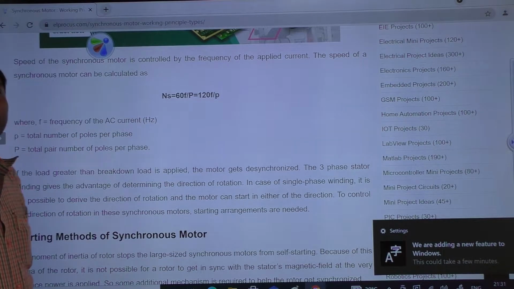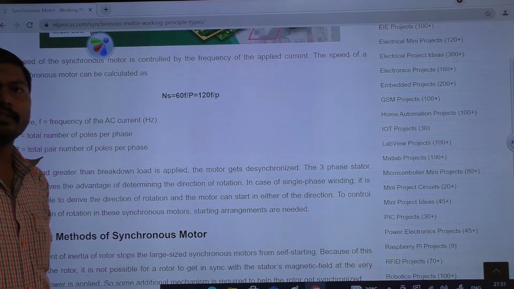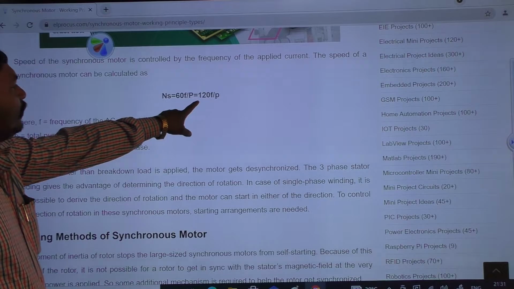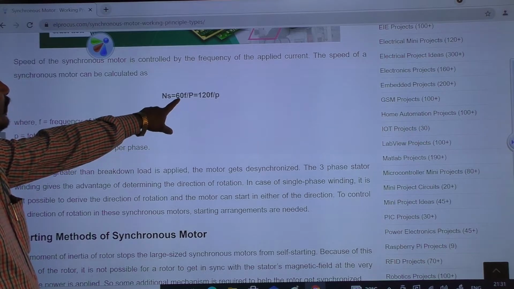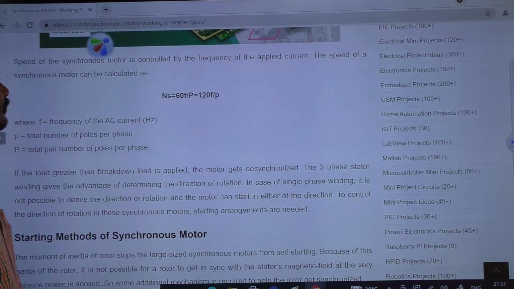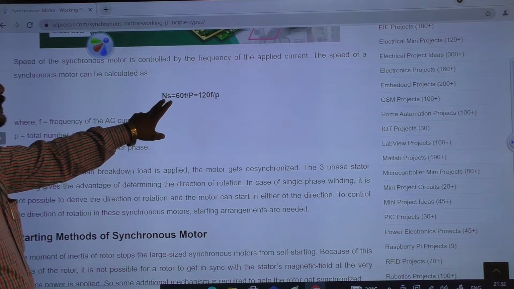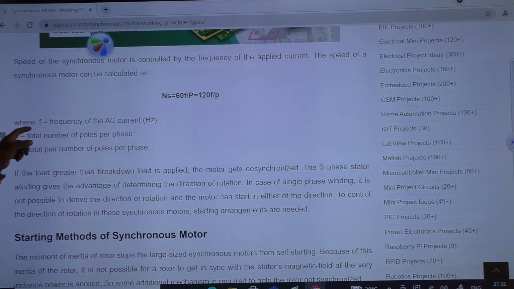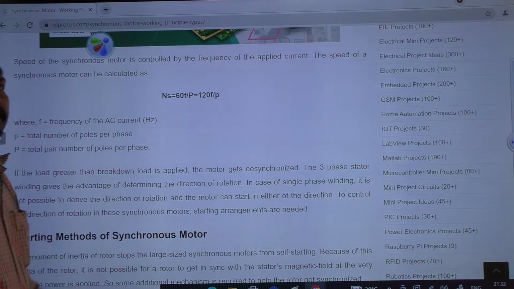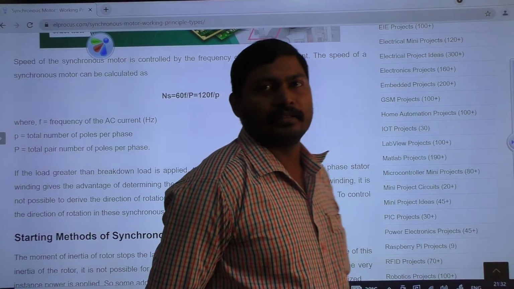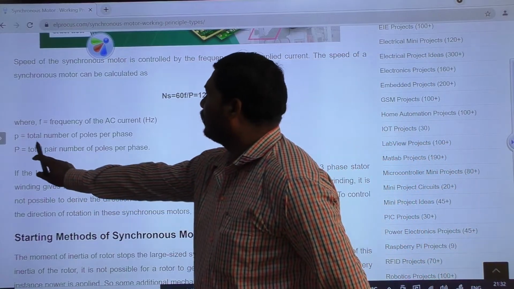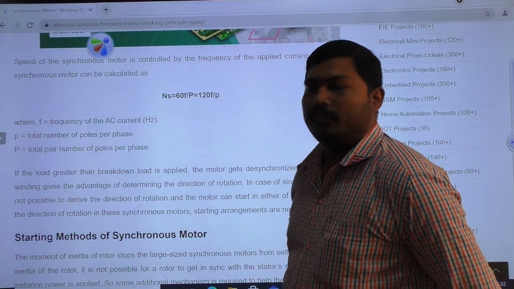Ns, which is abbreviated as synchronous speed, is given by 120 F by P, or 60 F divided by P, whichever. But you should remember it like this: Ns is equal to 120 F by P. Now, what is F? F is the frequency of the current and it is expressed in Hertz. This small p stands for the total number of poles per phase.